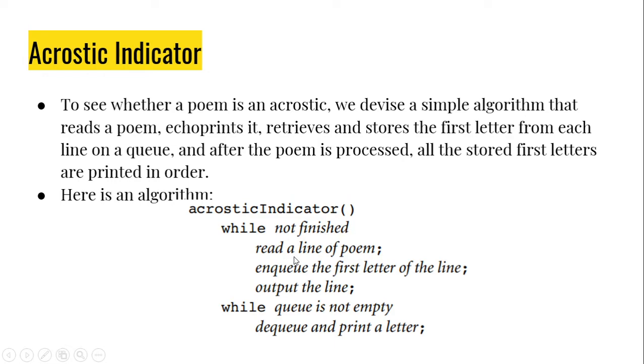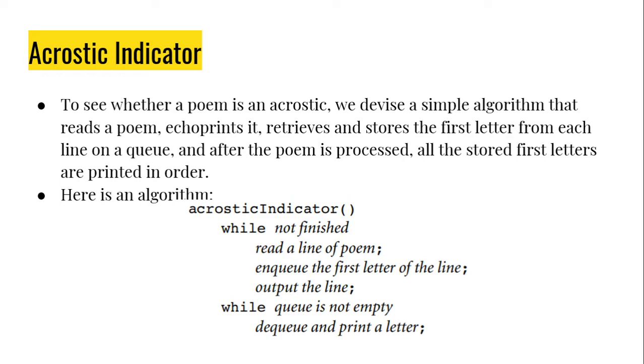So we have here a while structure. Its condition: if the poem is not yet finished being read or fed into the loop, or the end of the line is not yet reached, it will read each line of the poem.